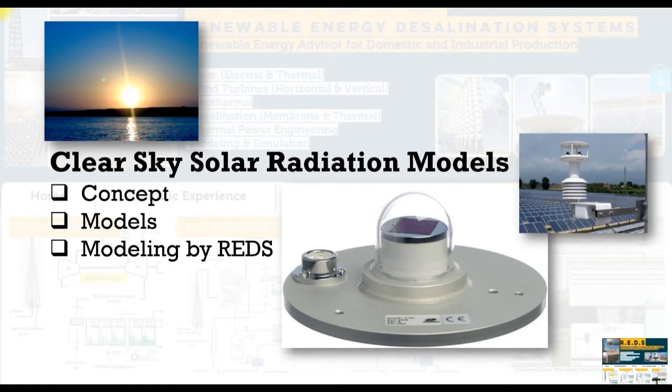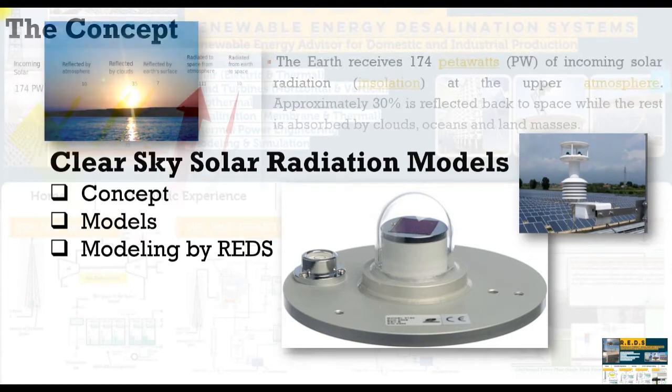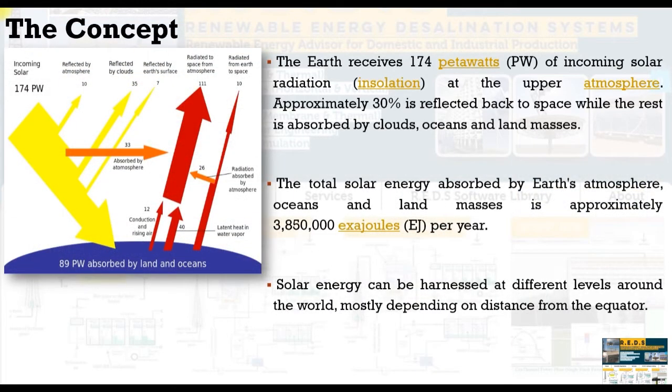How can we run such analytical or mathematical models by the use of the RETS library? The main concept is that Earth receives about 174 petawatts of incoming solar radiation, insolation, at the upper atmosphere.